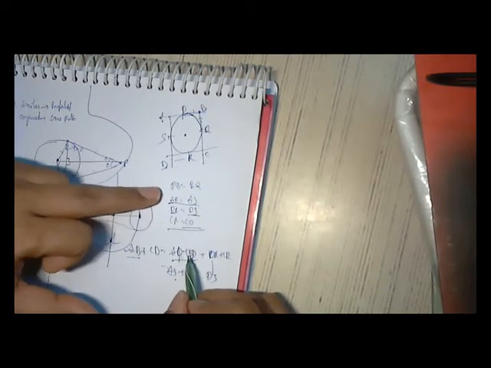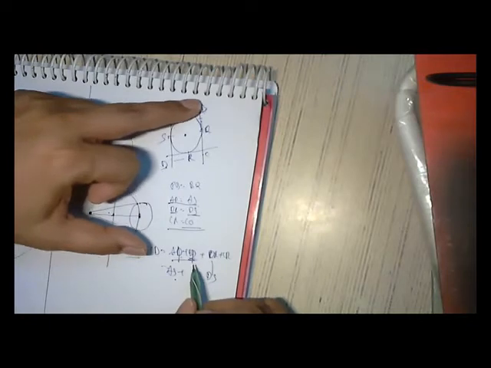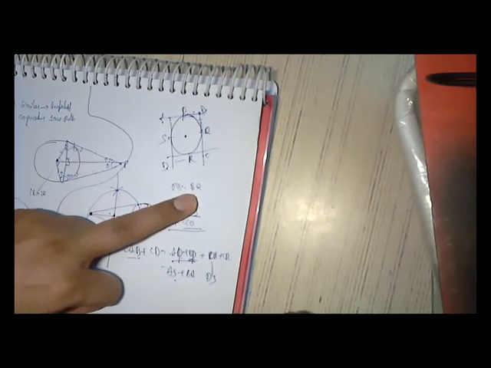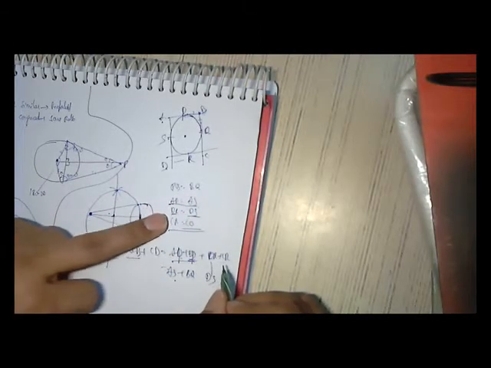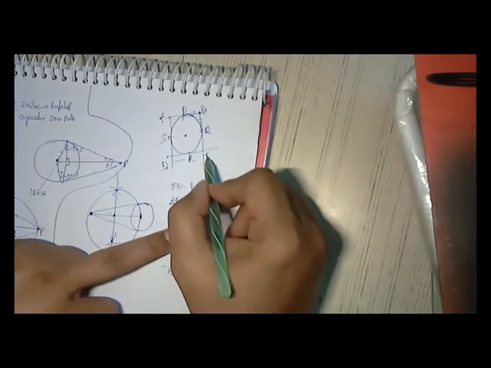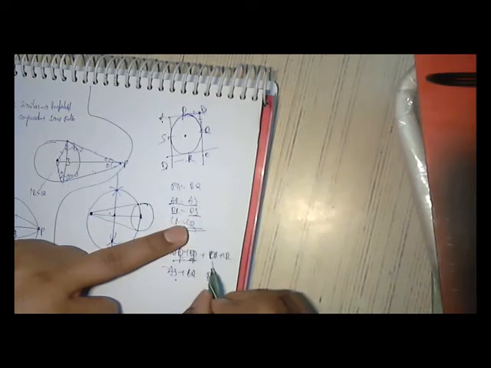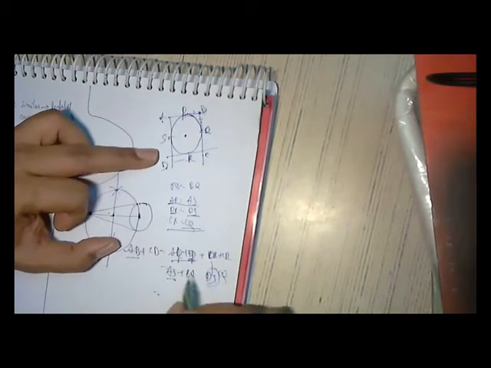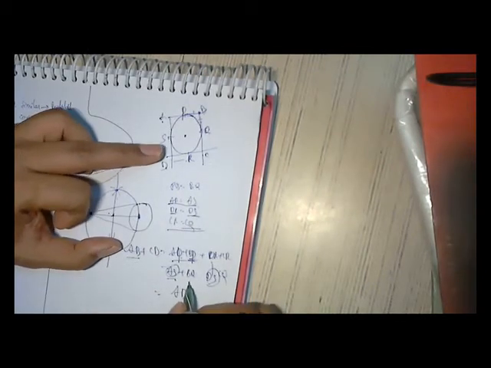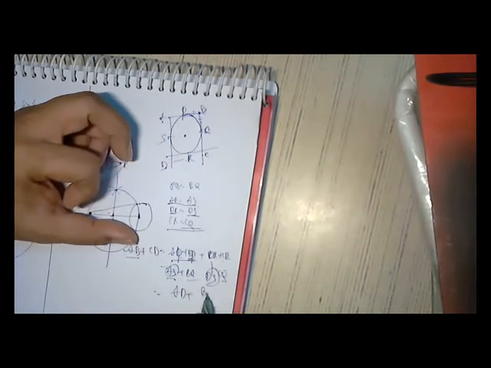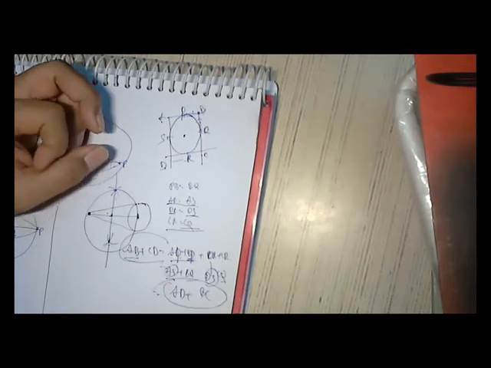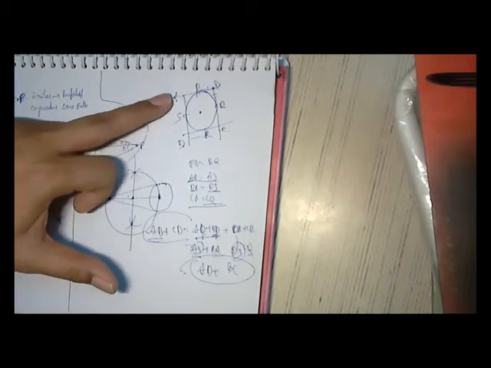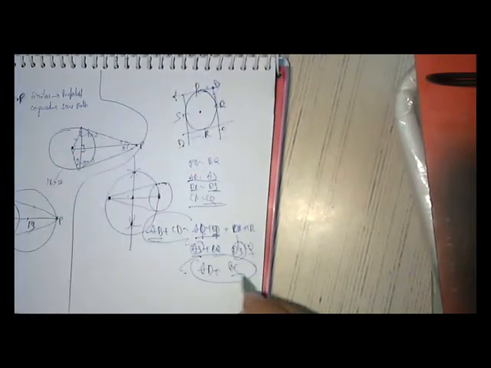BP is equal to BQ, and CR is equal to CQ. So BP plus CR is BQ plus CQ, which is BC. So AB plus CD is equal to AD plus BC.